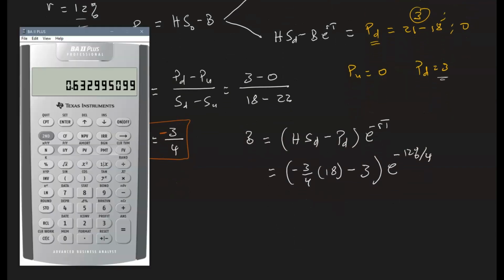And so let's pull our financial calculator and do just that. 0.12, which is our 12%, divided by 4 equal, minus, second function exponential. Let's store that.